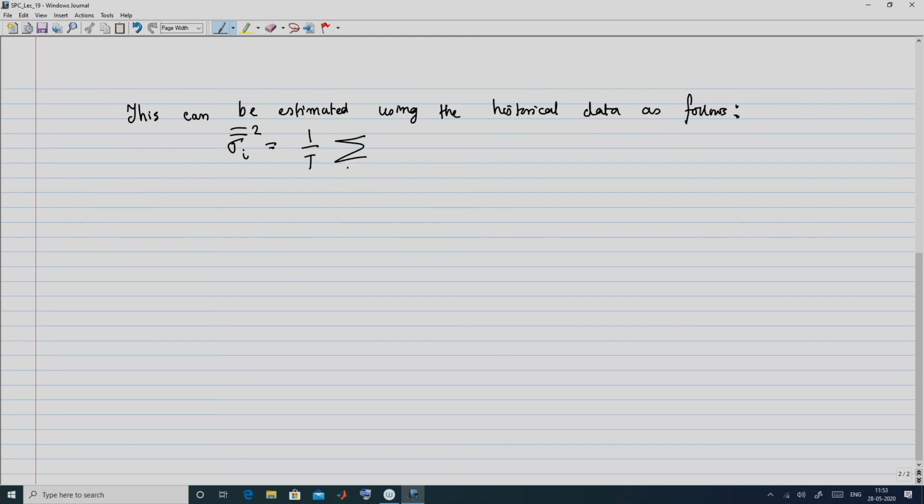So, it is going to be the average, assuming that all these events are equally likely with probability 1 by T, and summation of minimum of R I t minus H comma 0 square, and this can be written in the form of 1 by T summation small t equal to 1 to capital T of R I t double bar minus H square.